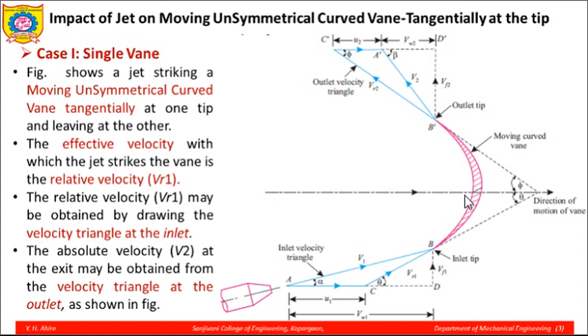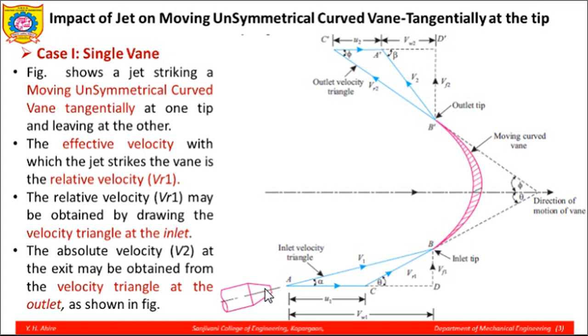The x-axis is nothing but the direction of motion of the vane, right? Since these two tangents make different angles theta and phi at the inlet tip and the outlet tip, this vane is called unsymmetrical in construction, unsymmetrical about the x-axis.